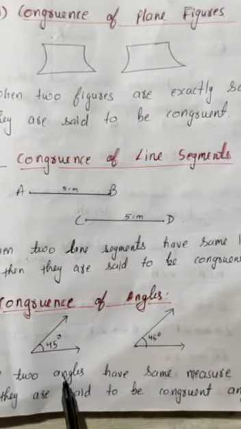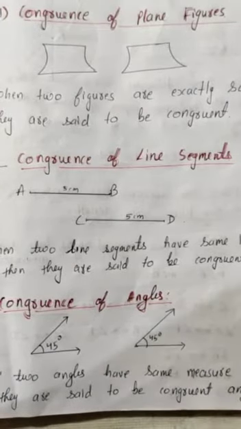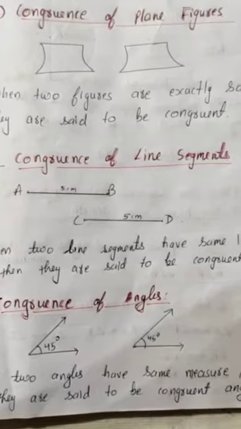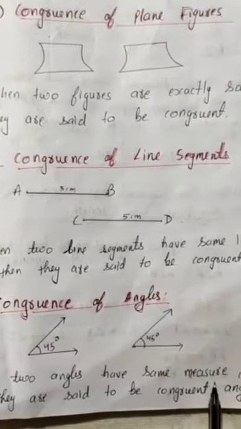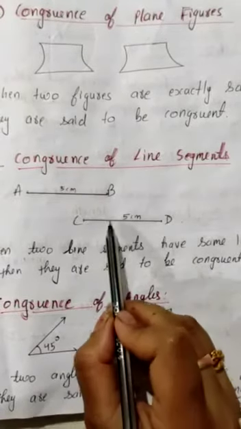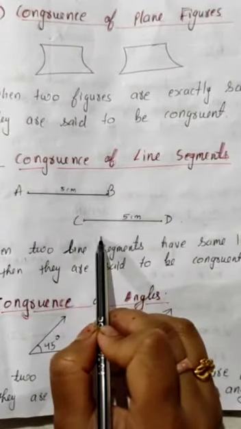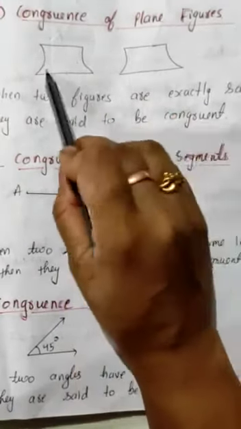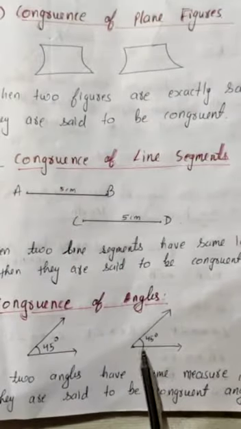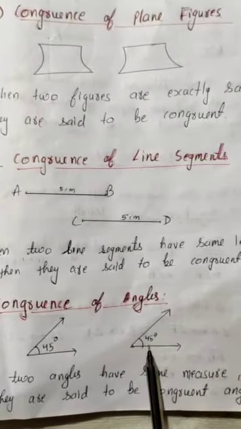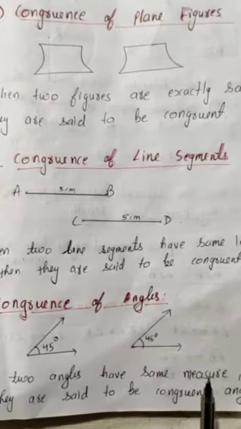So if two angles have the same measure, then they are said to be congruent angles. इनको congruent angles बोलते हैं. When you pick this line segment और इसके ऊपर आप रखेंगे, then these two will overlap each other. These two plane figures will overlap each other, and these two angles will overlap each other. So these figures will be congruent.